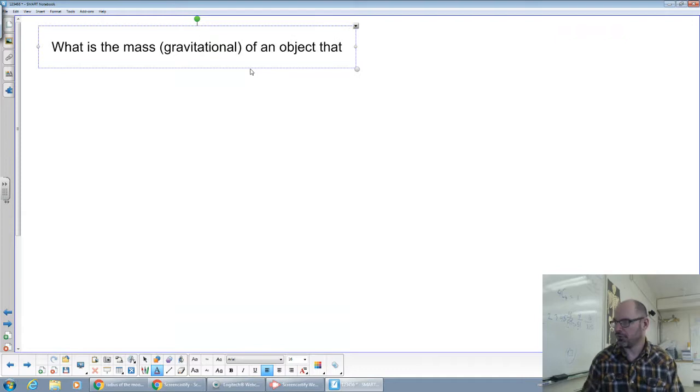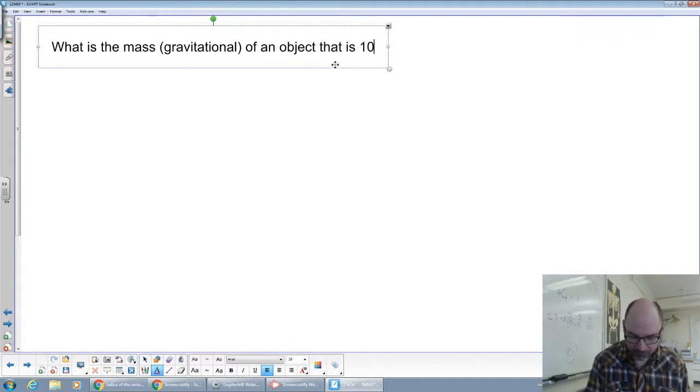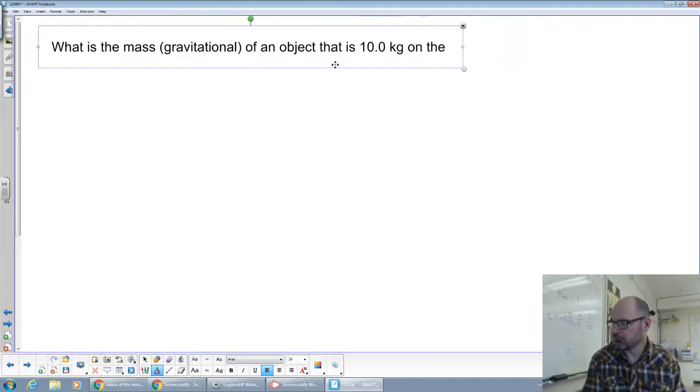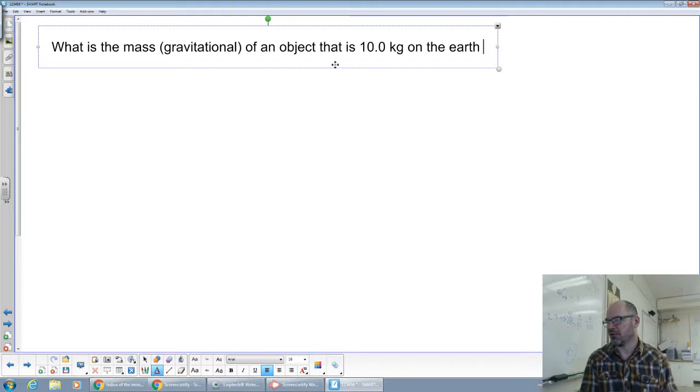What is the mass of an object that is 10 kilograms on the Earth, on the planet Mars?